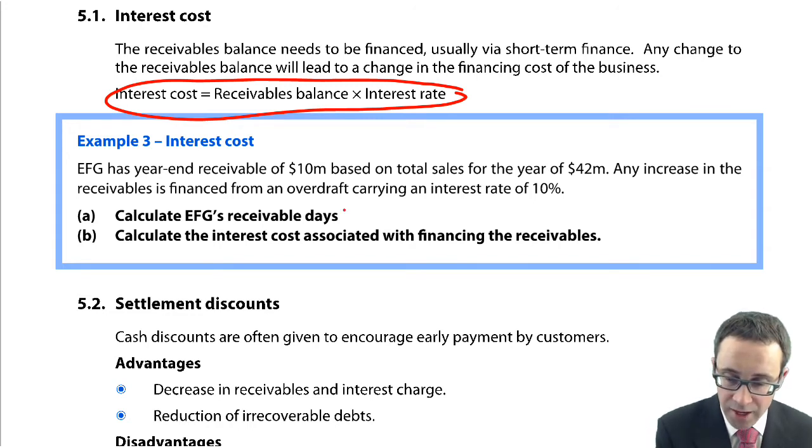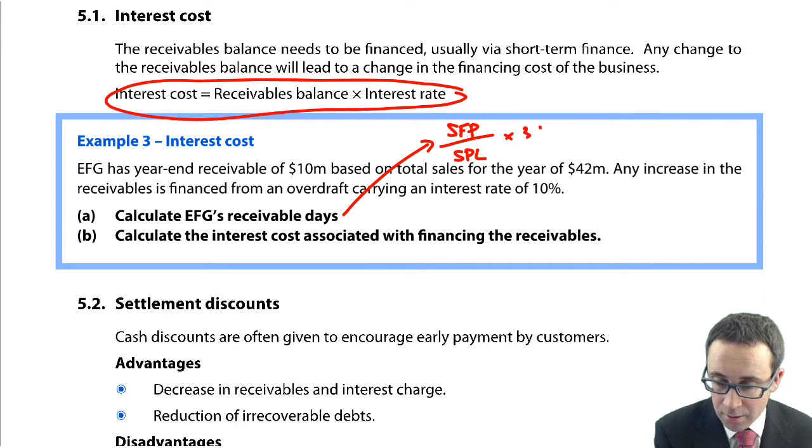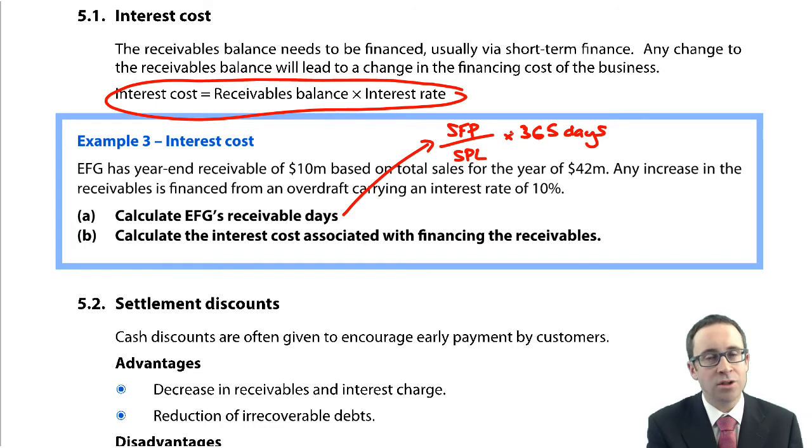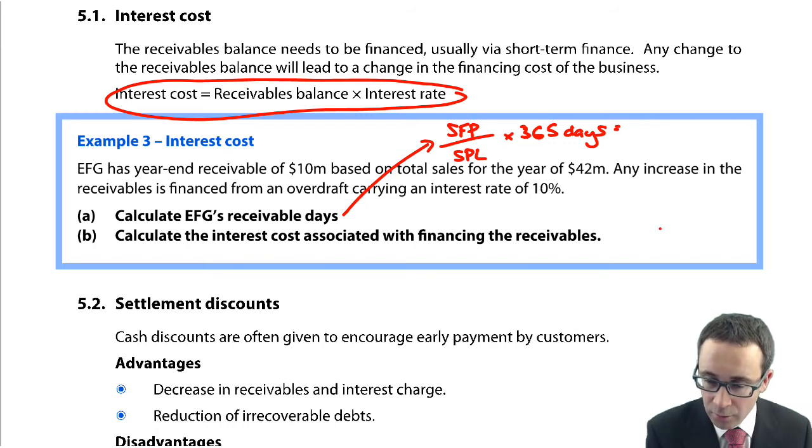Remember, it takes your SFP figure divided by your statement of profit or loss and multiplied by 365 days, isn't it? And if we're being specific, the SFP is your receivables balance. The statement of profit or loss technically should be your credit sales, but a lot of the time we just use total sales unless we're given the information to work out credit sales.